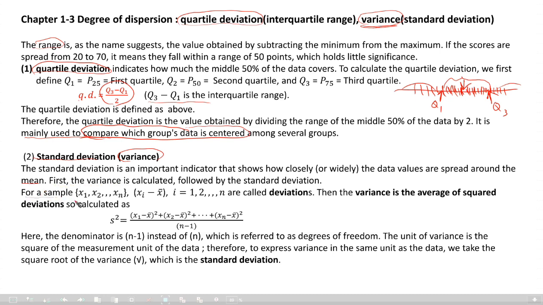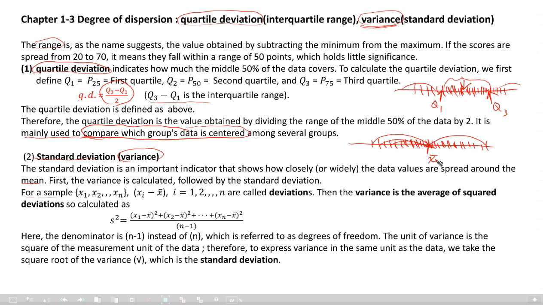For example, x1, x2, ..., xn, small letters, are observed values, real values. xi minus x bar we call a deviation. There are many data x's here, and x bar is around here. x1 minus x bar, x2 minus x bar, x3 minus x bar, ..., xn minus x bar: we call them deviations.